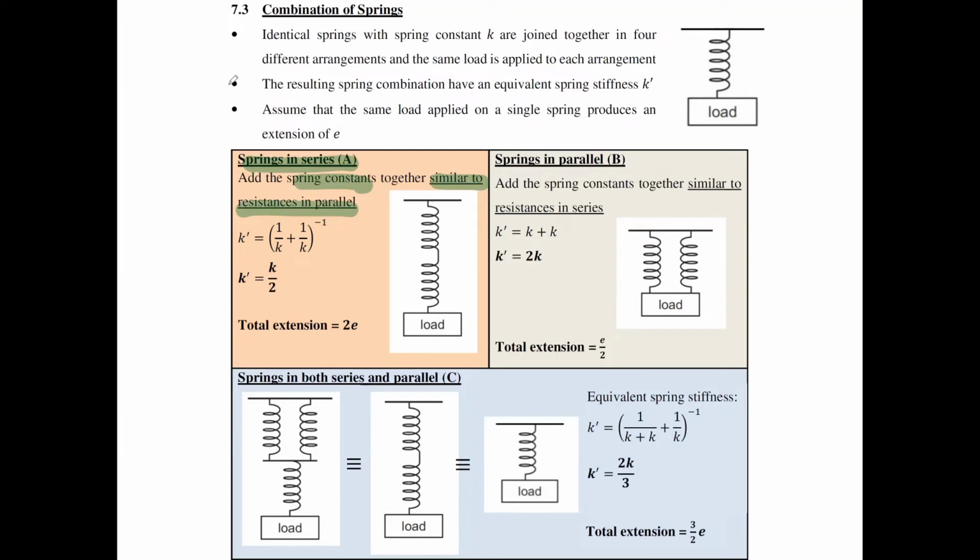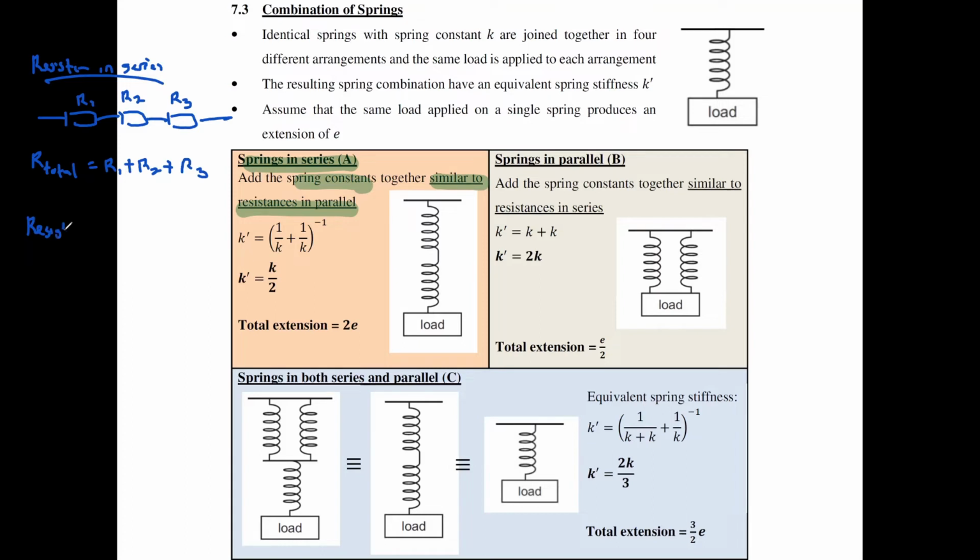This is something that you will have learned before in IGCSE or SPM. You recall this before. If I have resistors in series, R1, R2, and R3, the total resistance would be R1 plus R2 plus R3, right?